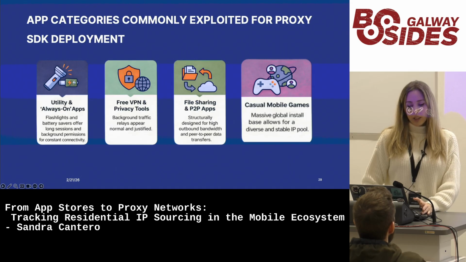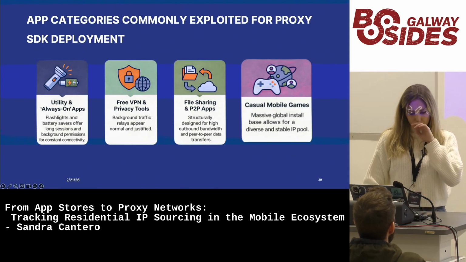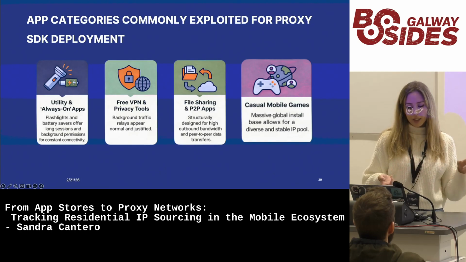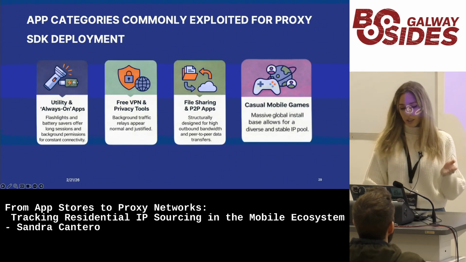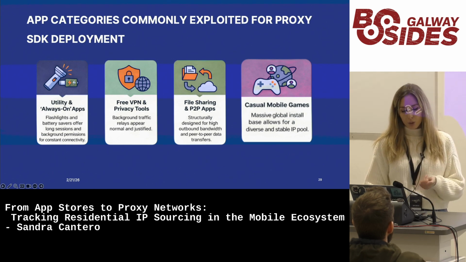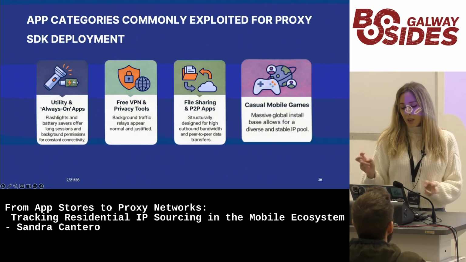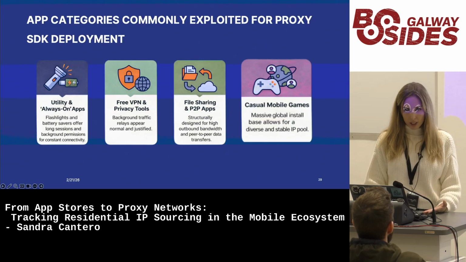Now, what are the app categories that commonly include these SDKs? On one side, we have utility apps, which can be flashlights or battery savers, because these are applications that are always on, so they are pretty interesting for including these SDKs. We also have VPNs and privacy tools, because we see them as normal applications that won't raise alarm if they are using our network access.